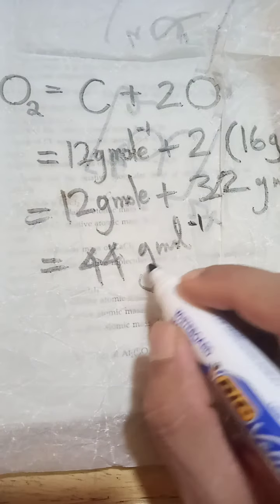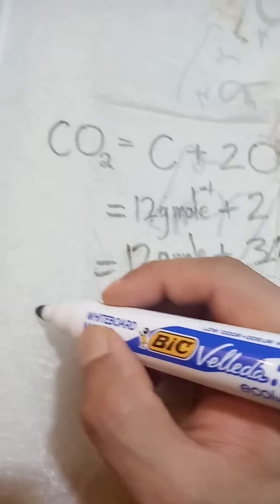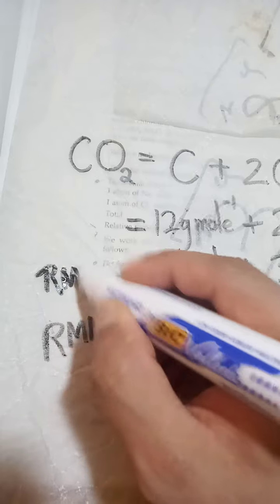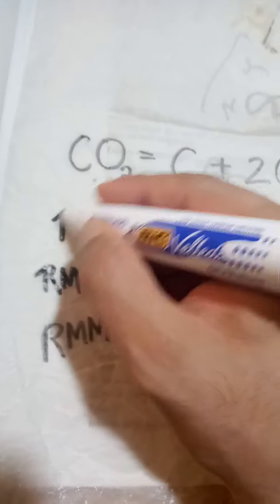So that'll be 44 grams per mole. These 2 steps were extra, so you could jump over to 44 grams per mole if your mental maths is good. So the relative molecular mass for carbon dioxide is 44 grams per mole.